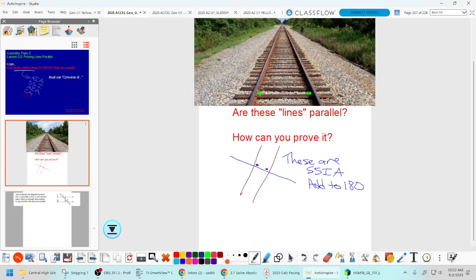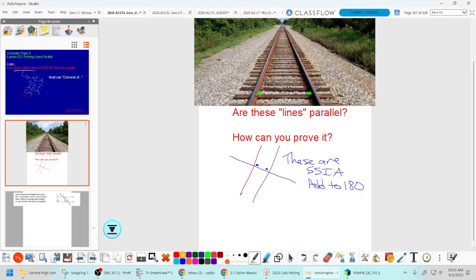So you get your little tool and you measure, and if it's probably on this stretch, it would just be 90 and 90, right? If it was correct. But if we were curving, I don't know how that works. The angle might not quite be 90. But they better add up to 180, otherwise the tracks aren't parallel right there, okay? Alright, let's pick a different pair.